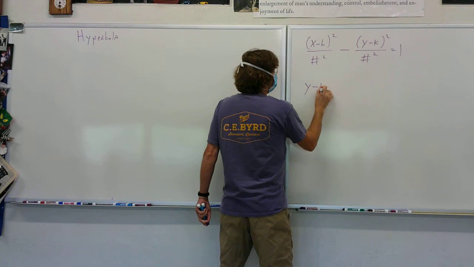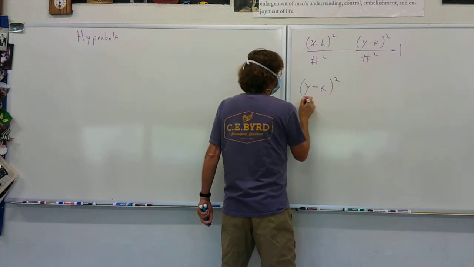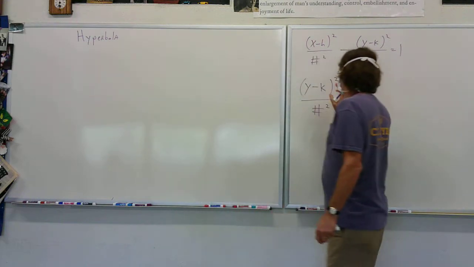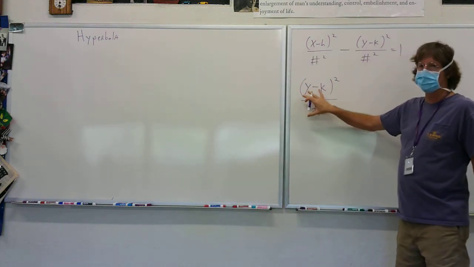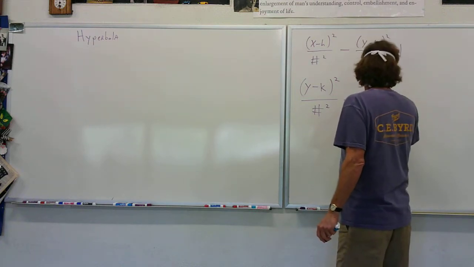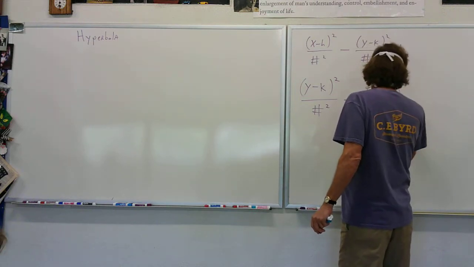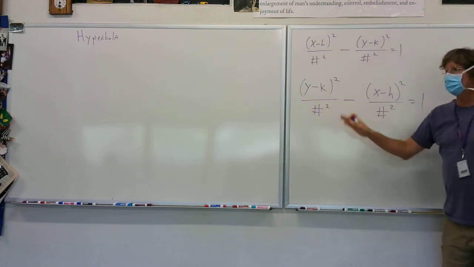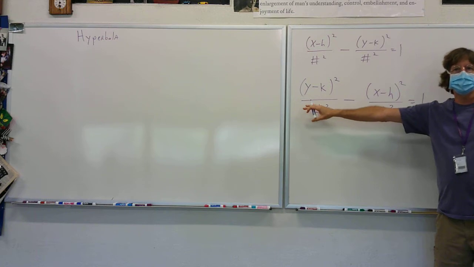What causes students trouble with this is they don't realize all the information over here is about your Y, and all the information in the second part is about your X. You're so used to the X being first that you think all this information is X information. It's not.